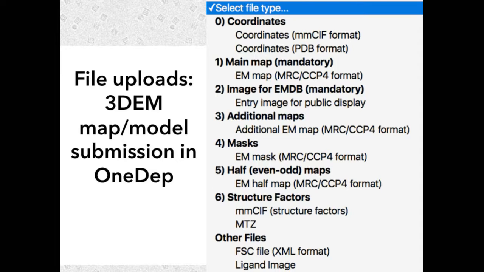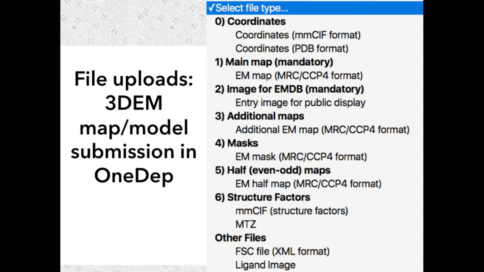For EM, in the EMDB we allow a lot of extra files in addition to just the map. So just to go through it, the coordinates you can upload in either of these two formats. Those are going to end up in PDB, of course. You have to deposit a map, and it has to be in MRC or CCP4 format.